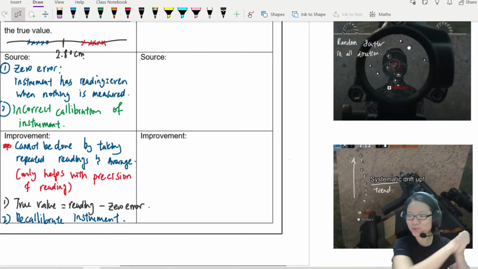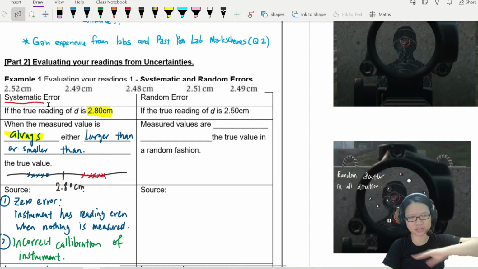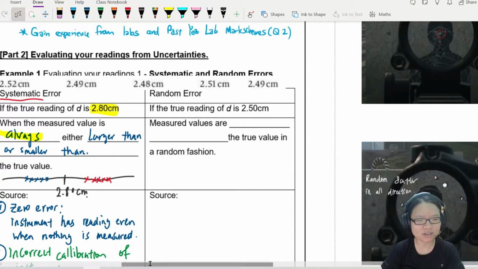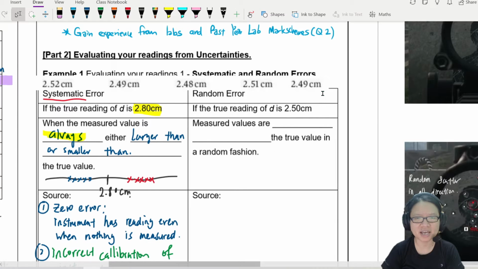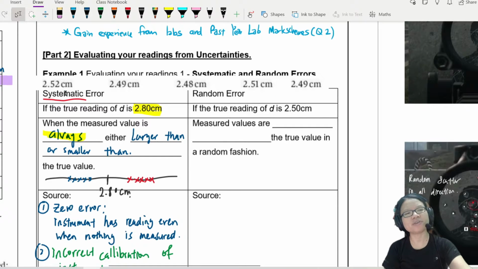Okay, so let's rewind to the phone call with the manufacturer. You call the manufacturer, and they say the diameter of the marble is 2.5 cm. And you look at your readings and you're like, okay, very close to 2.5 or around 2.5.